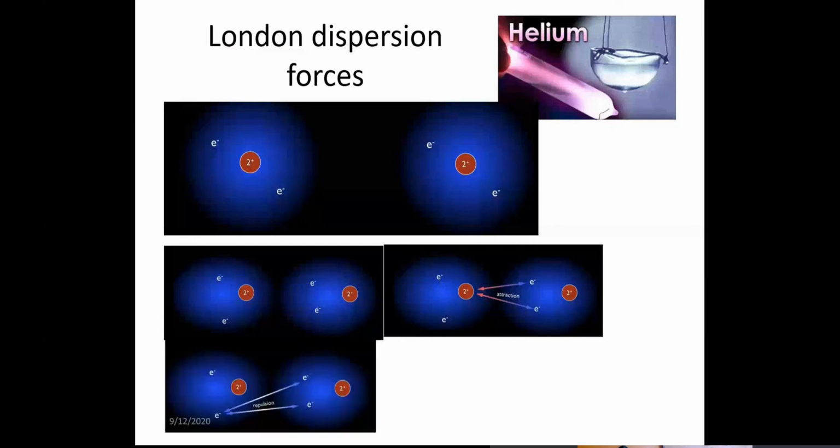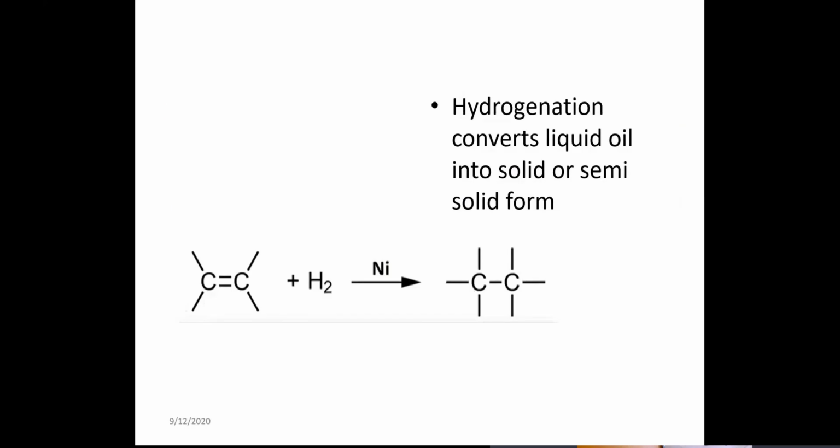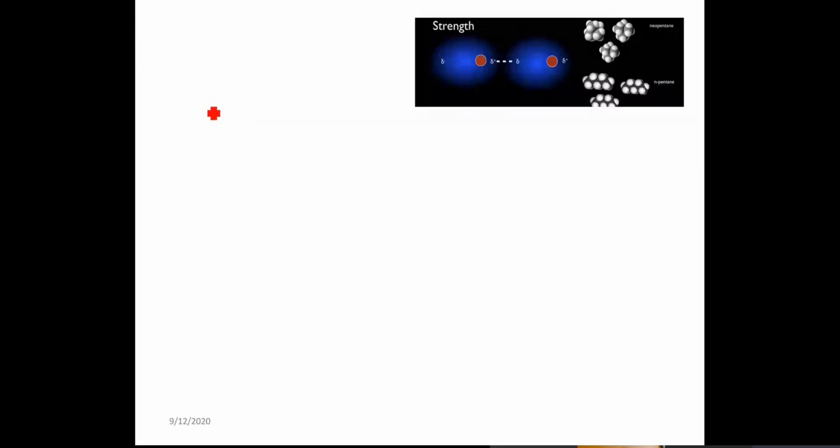There is also a repulsion, and because of these intermolecular forces one molecule looks so different from another. For example, N-pentane has the same number of carbon atoms, but they are arranged in a different way due to London dispersion forces. One is spherical, with a smaller surface area, and one is straight. So in the hydrogenation process, trans fatty acids are formed, and the molecules are straight in the trans fatty acids also.